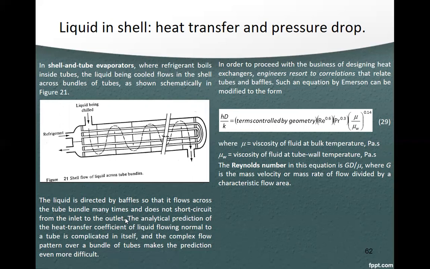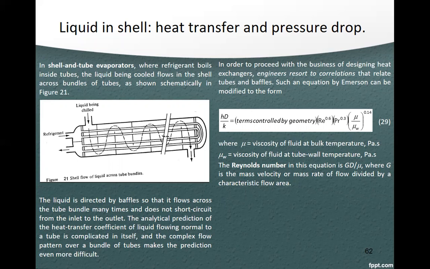The analytical prediction of the heat transfer coefficient of liquid flowing normal through a tube is complicated in itself. And the complete flow pattern over a bundle of tubes makes the prediction even more difficult. So in order to proceed with the business of designing heat exchangers, engineers resort to correlations that relate tubes and baffles.